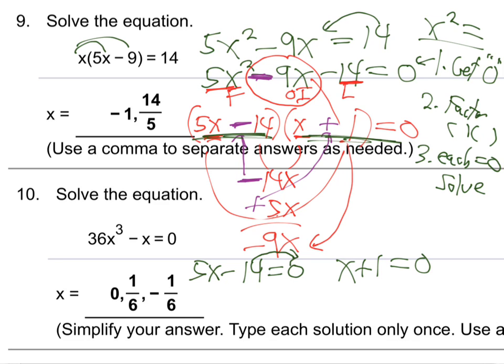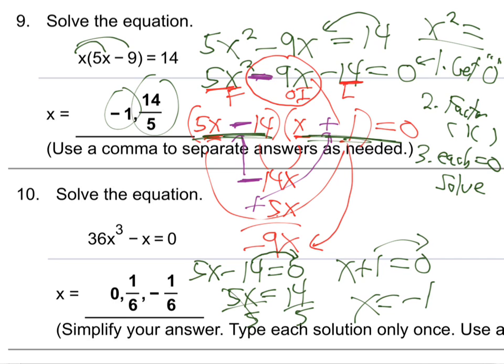Jump the minus 14 over. 14 divided by 5, 14 fifths, which is what they said. This one, jump it over, negative 1, as they said. We're done. Is that making sense? How are we doing? Those are the 2 answers, yeah. Is that good?